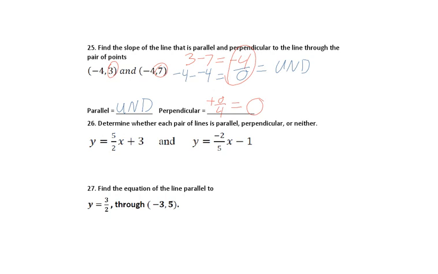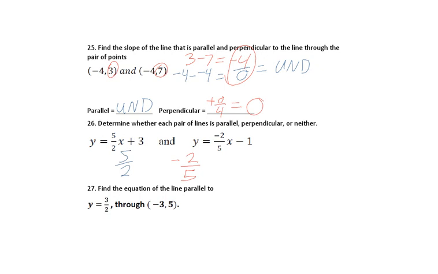So, 26. They want to know if the lines are parallel, perpendicular, or neither. Before we can answer any question, we have to get the slope. And when you're dealing with equations like this, you've got to get y alone, because whoever is in front of x will be the slope. So looking at this, I see 5 over 2 and negative 2 over 5.